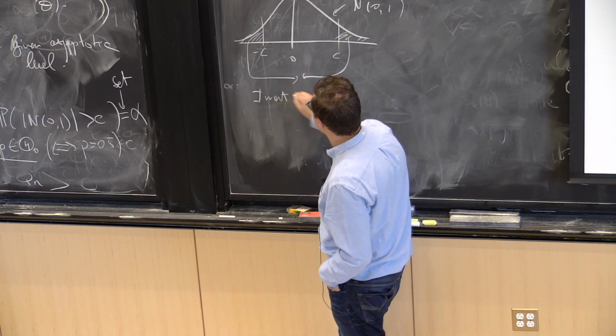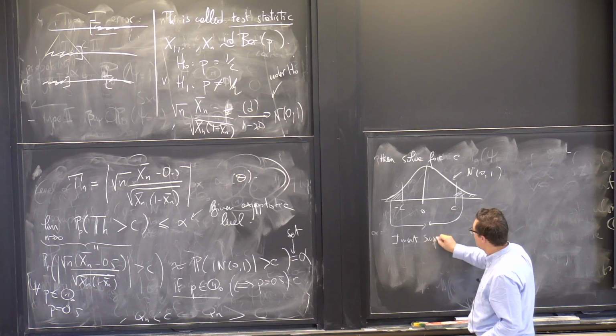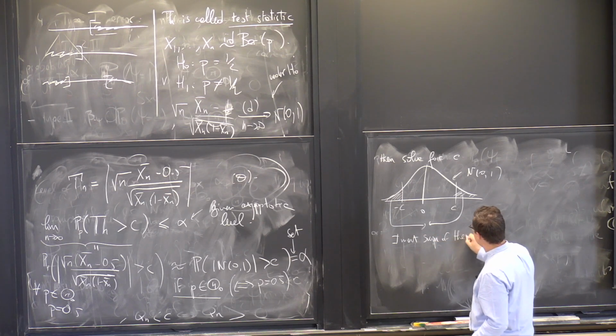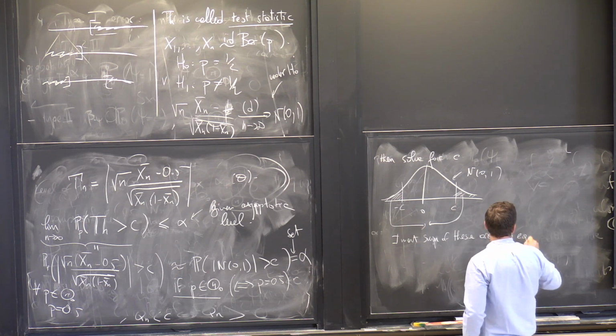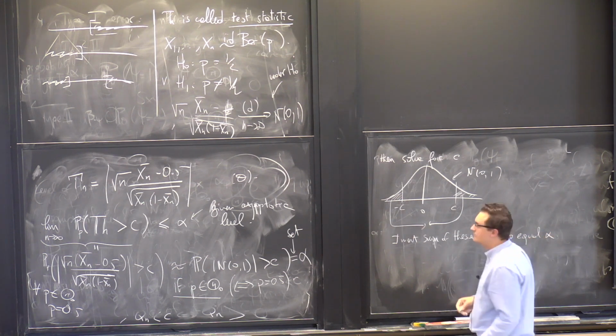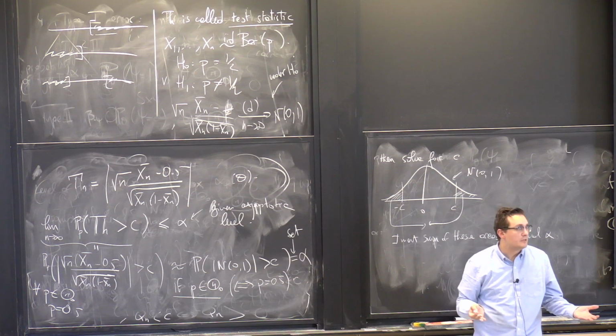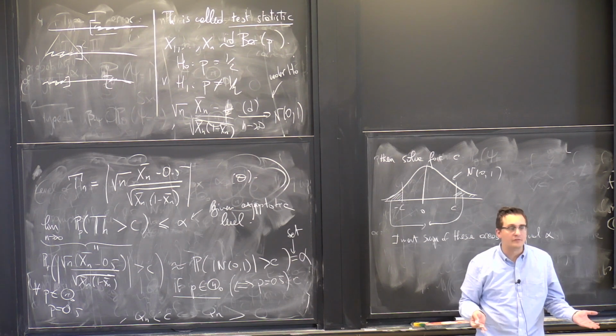By symmetry, each of them should be equal to alpha over 2.